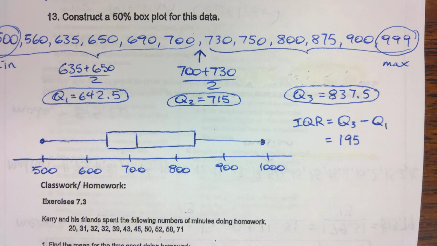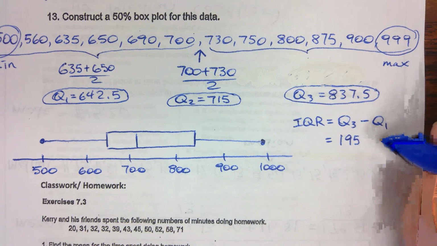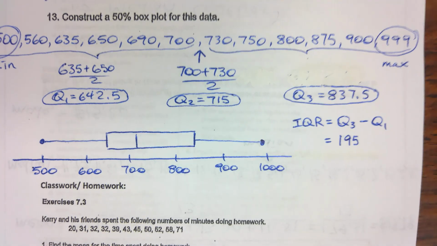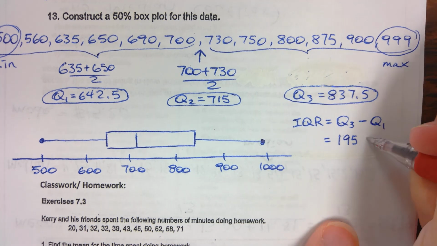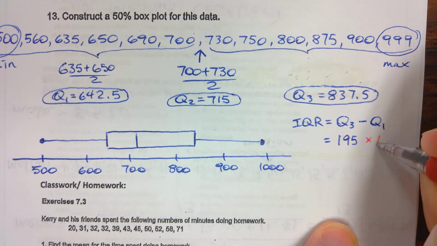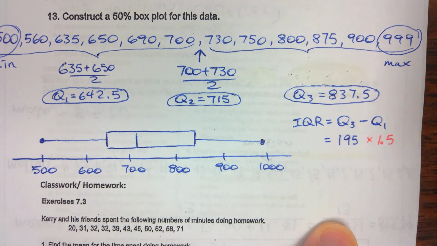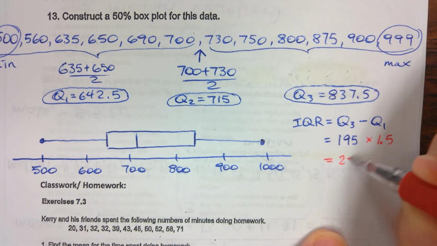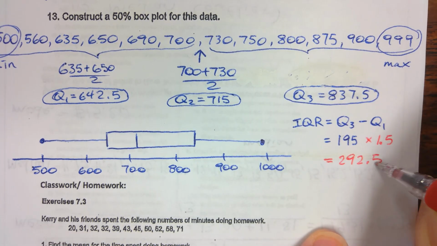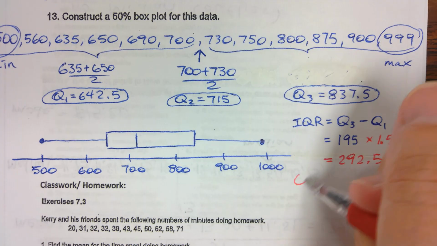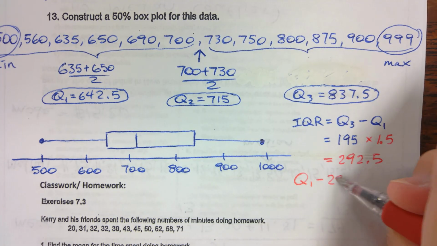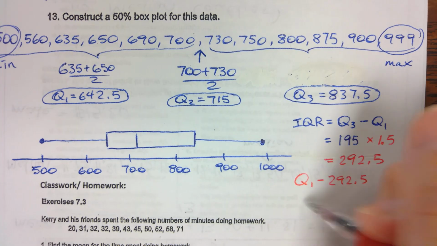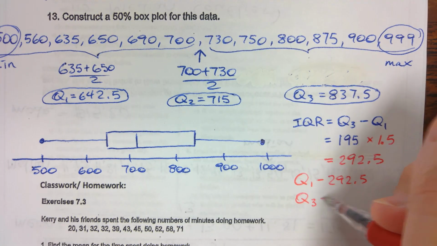Times it by 1.5, that's 292.5. So I'm going to do Q1 minus that and Q3 plus that.